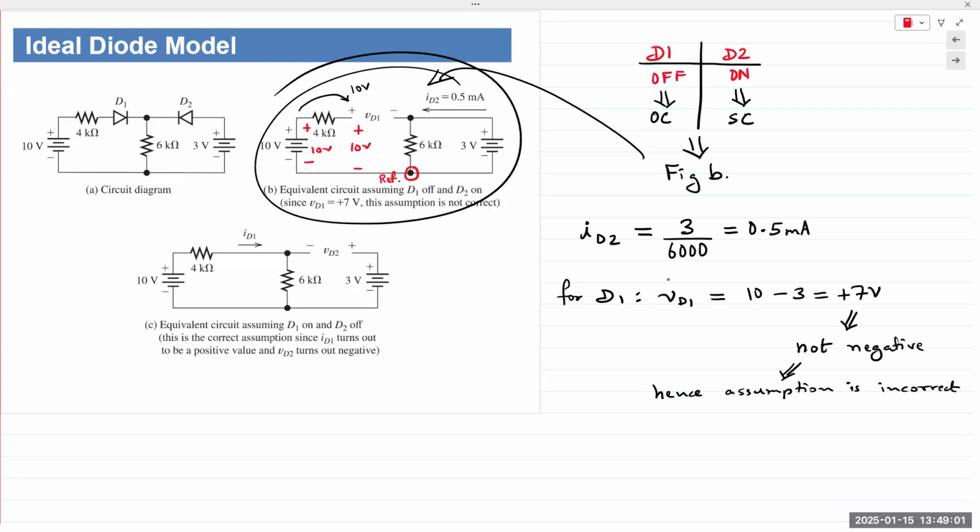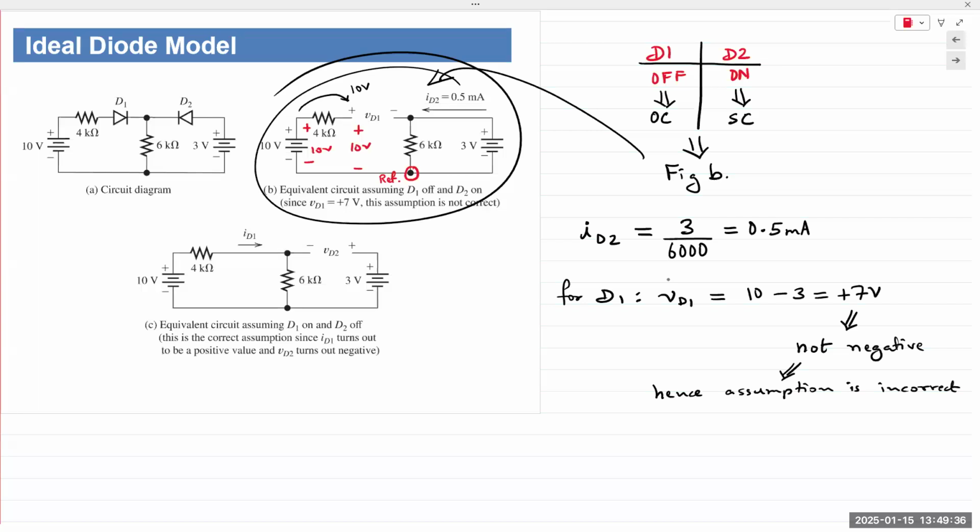The assumption is incorrect. Do the steps make sense?